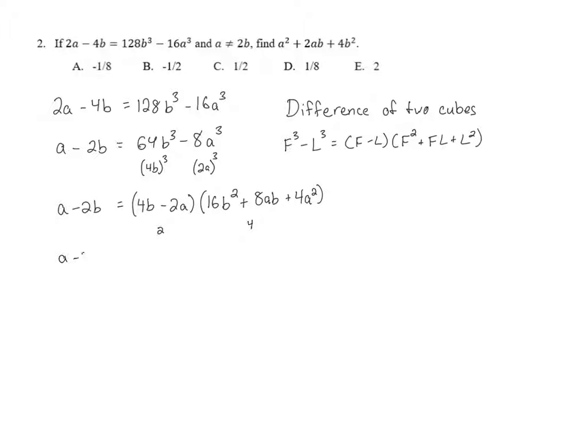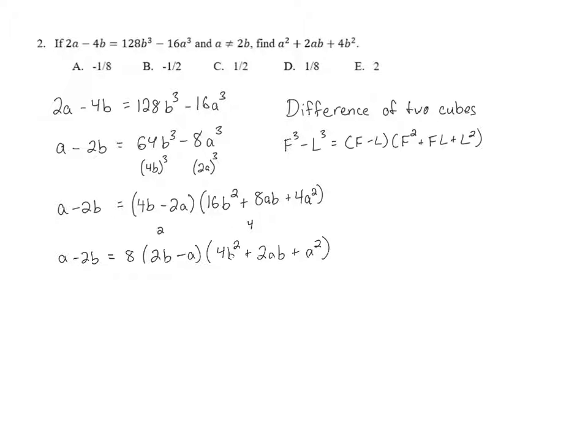So we still have a minus 2b on the left. And when we pull out those factors, we're going to have an 8 out front. And then we're going to be left with 2b minus a when we pull out the 2, and 4b squared plus 2ab plus a squared when we pull out the 4.